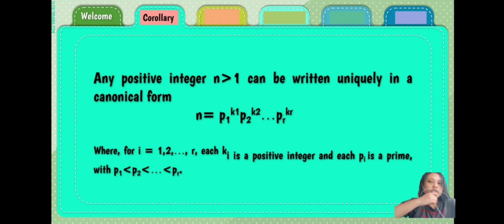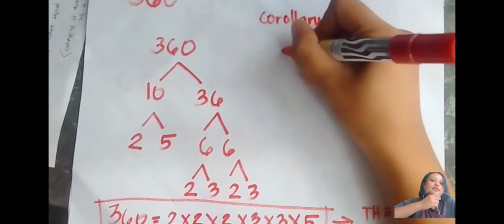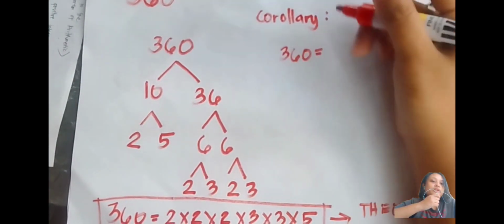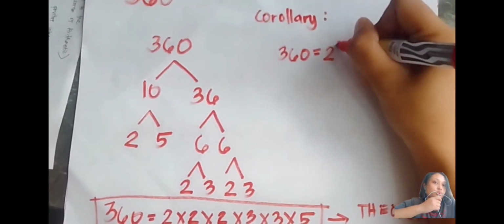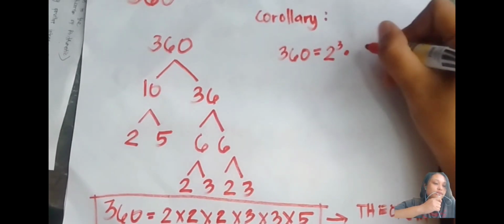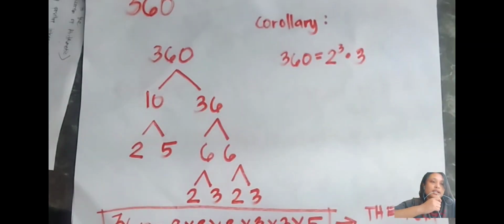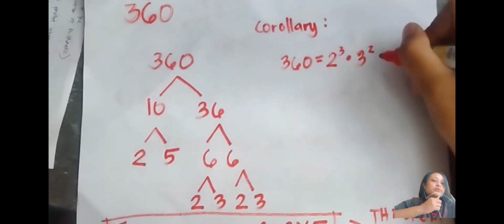The corollary states that any positive integer n greater than 1 can be written uniquely in a canonical form. To illustrate, the canonical form of the integer 360 is 360 equals 2 to the power of 3, since we have three 2's here, times 3 to the power of 2 times 5.